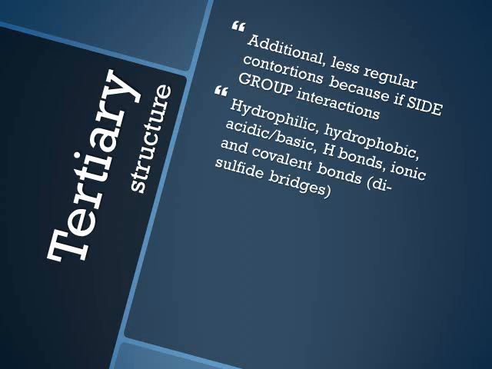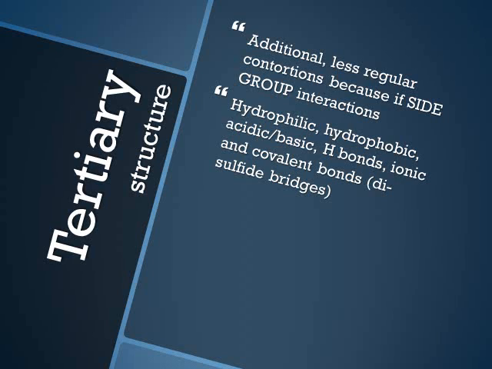It depends on what side chains are around. So kinds of things that might happen are hydrophilic or hydrophobic interactions. So parts of the protein chain could fold away from the water or fold toward the water, depending on which of the two it is.